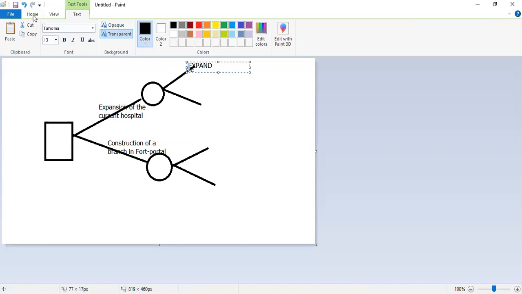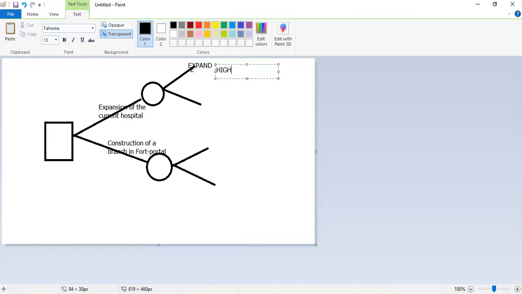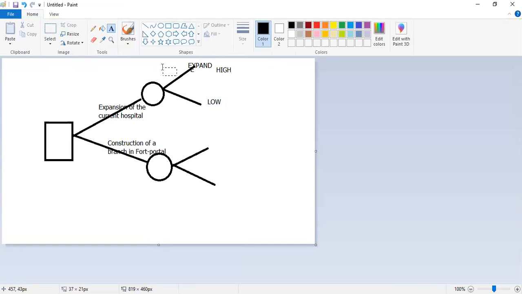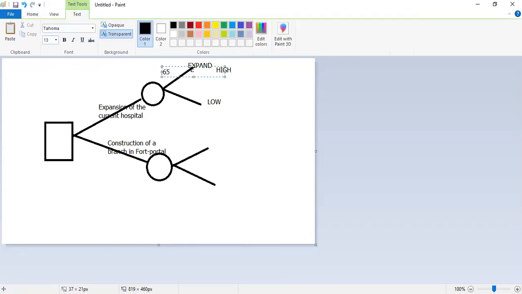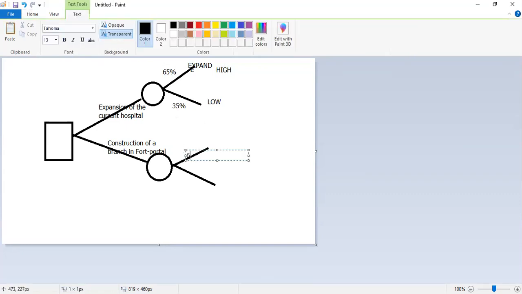This can be your high, and the other can be your low. And then this can be your low. So what you do is put 65% here where I'm clicking, put 65%, and then put on the low, put 35%. So you do the same thing also when it comes to here as well. This will be 65%. And then here, this will be 35%, like that.